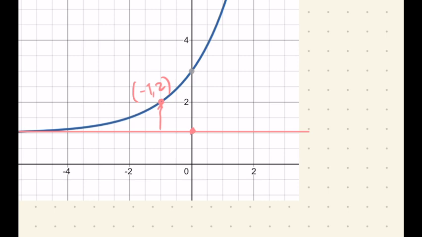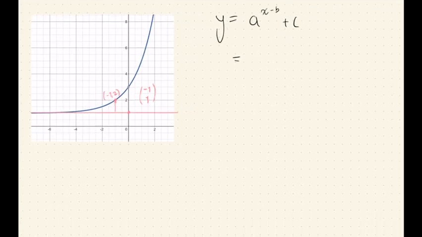It's gone to the left 1, and it's gone up 1. All right, it's gone to the left 1 and up 1. So we're going to go x minus minus 1 plus 1. So that's x plus 1 plus 1. Make that one a bit clearer.